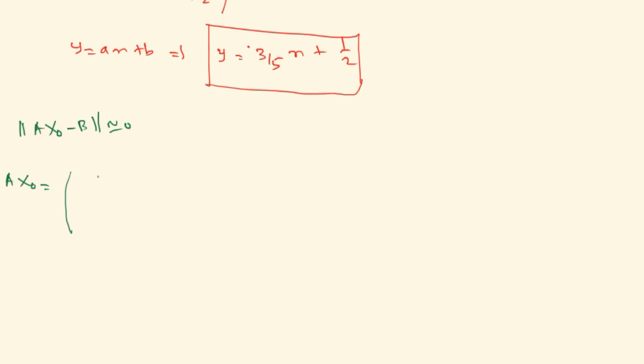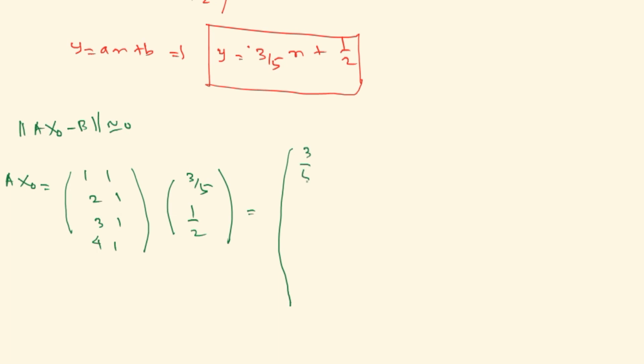Matrix A, with rows 1 1, 2 1, 3 1 and 4 1, into x naught, 3 by 5 and 1 by 2, equals 3 by 5 plus 1 by 2, then 2 into 3, 6 by 5 plus 1 by 2, 9 by 5 plus 1 by 2, and 12 by 5 plus 1 by 2.